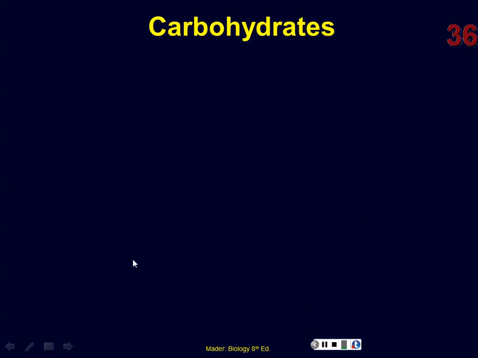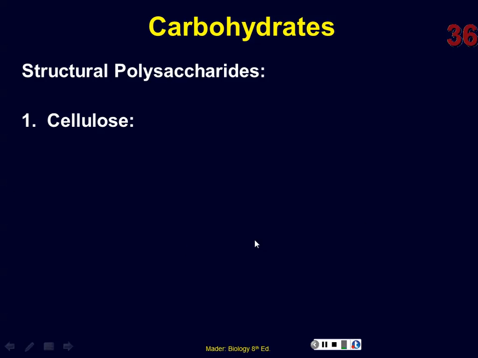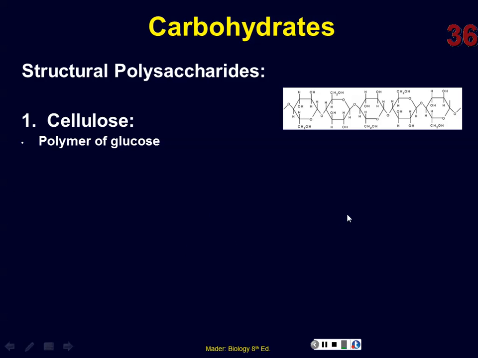The other group of polysaccharides that we said were for structural purposes includes two molecules that you may be familiar with. One of them is called cellulose. Cellulose is also a polymer of glucose. It's very complex, though. The bonds between the glucose molecules are very complex. But it is glucose bonded to glucose bonded to glucose.